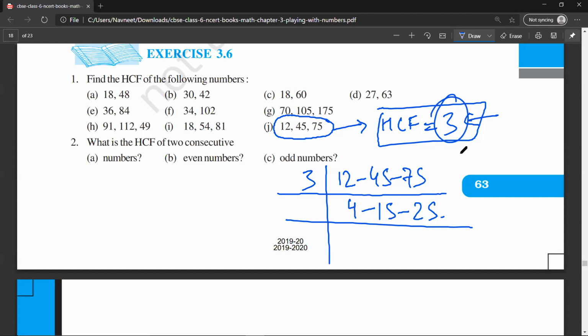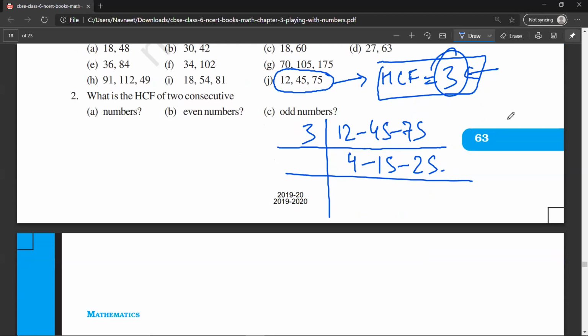Okay. Now, this is where we get confused. For example, after this, am I left with any other common factor? No, sir. Now, let us assume that we had to find the LCM.